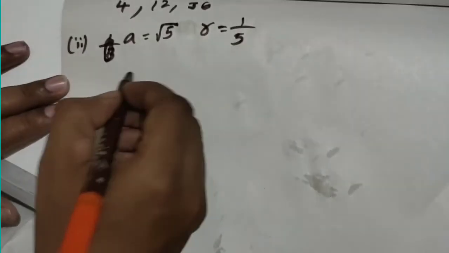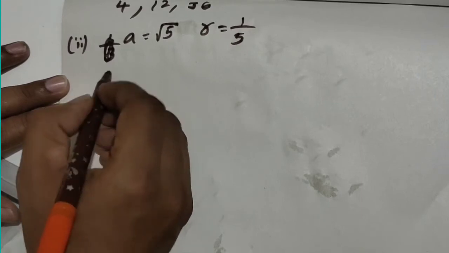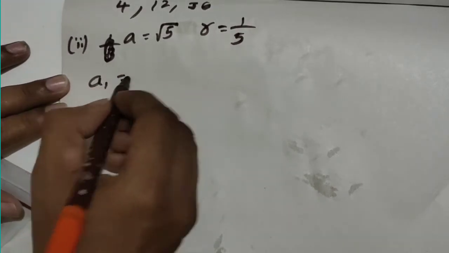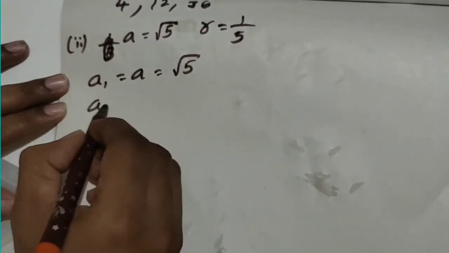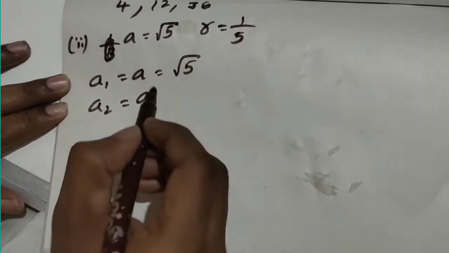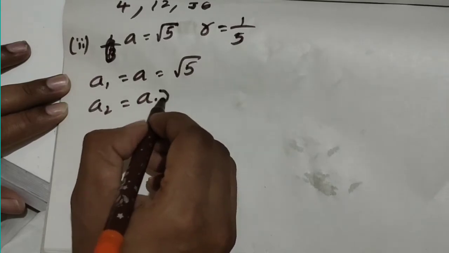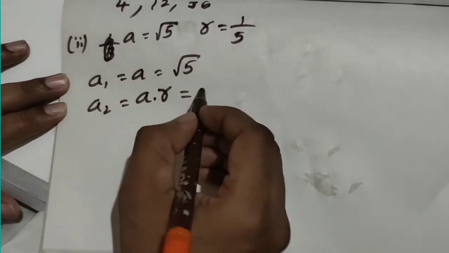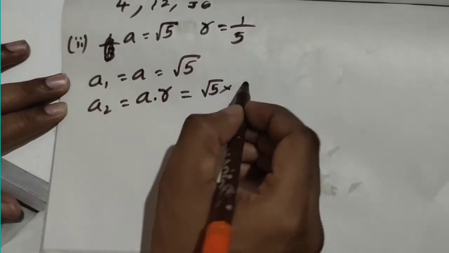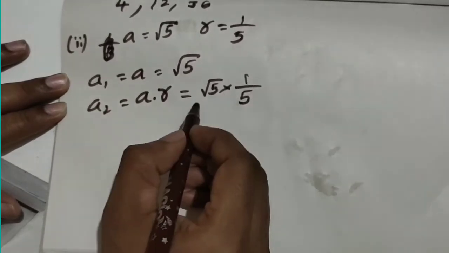Okay. Now let us see. Already first term we have A1 is equal to A is equal to root 5. Then the second term A2 is equal to multiply common ratio R to this previous term A, that is A into R. So simply we can get root 5 into 1 by 5.